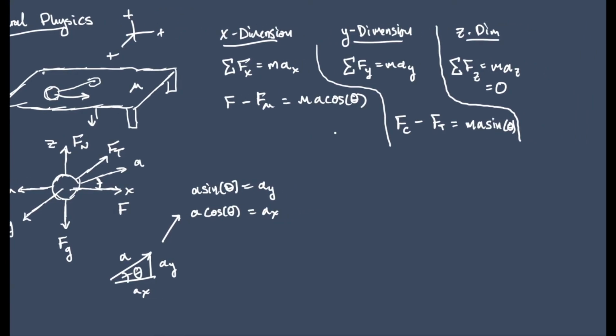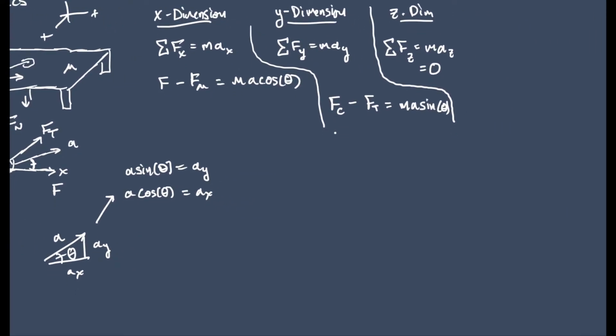And I can actually move some of this around here. So what we have going on here now is we can rearrange. So we'll say that F, bring this down here a little bit, so F minus F mu equals A, and we're dividing both sides by the mass and the cosine term.